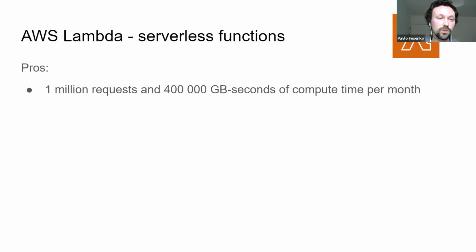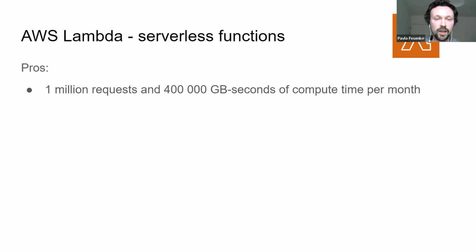So it gives you quite a lot of compute. You can run up to 1 million requests and 400,000 gigabyte seconds of compute time per month. Just to clarify a bit what 400,000 gigabyte seconds means, because when we think about compute time, we think more about the CPUs.